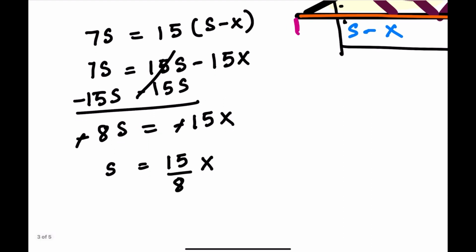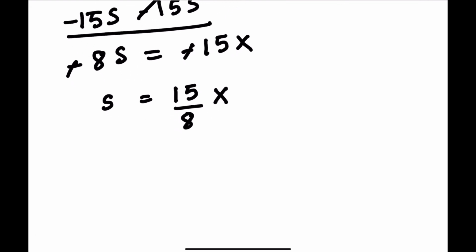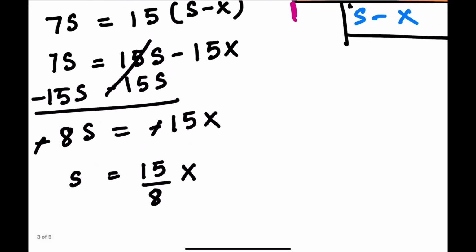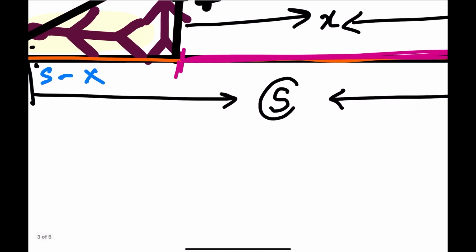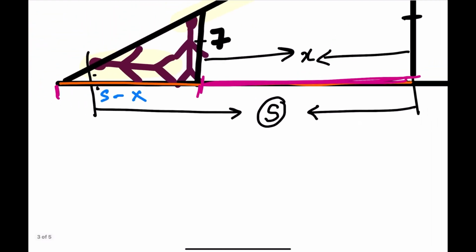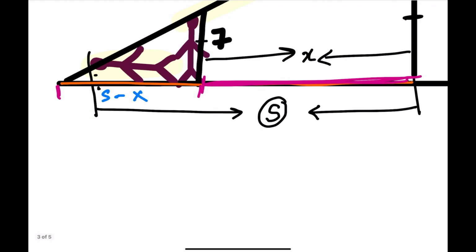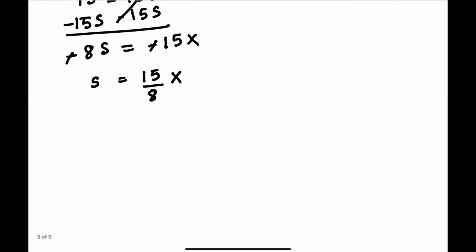Now see the magic. All I'm trying to do is find the rate at which the shadow distance changes. That is this distance, the S, from the edge of the shadow to the lamppost. I'm trying to see the rate of change of S here. So I'm differentiating: dS/dt is equal to 15 over 8 times the derivative of x, which is dx/dt.